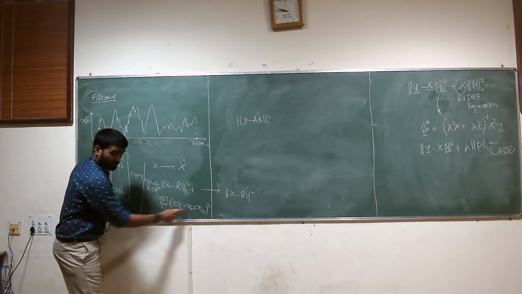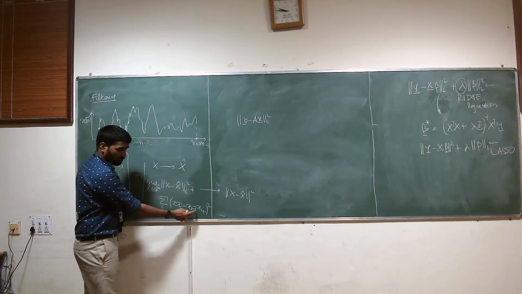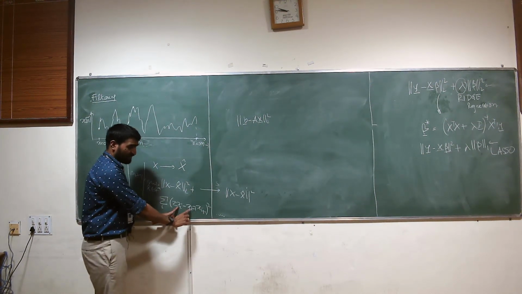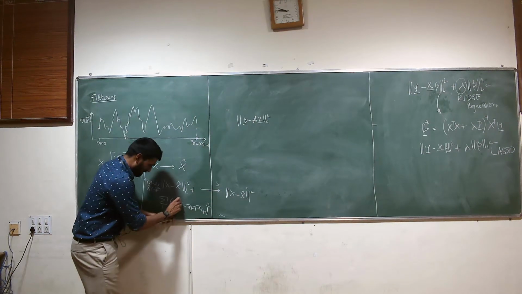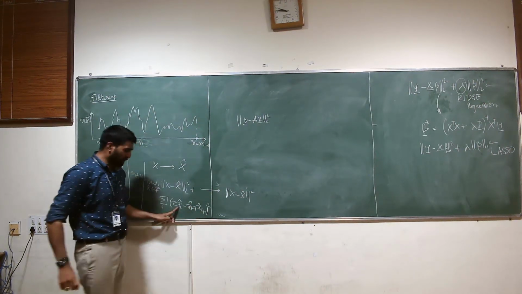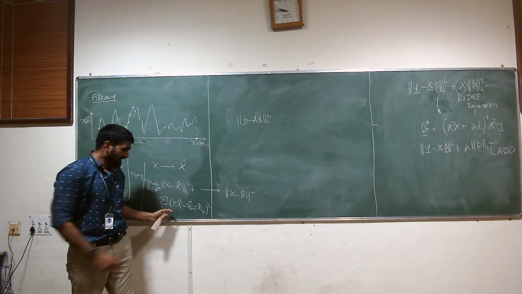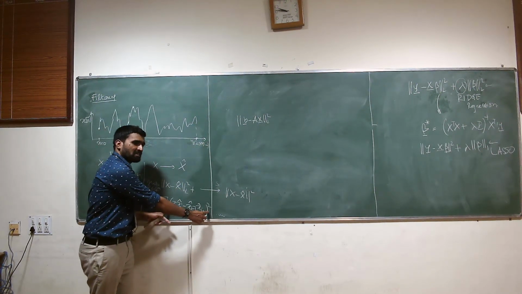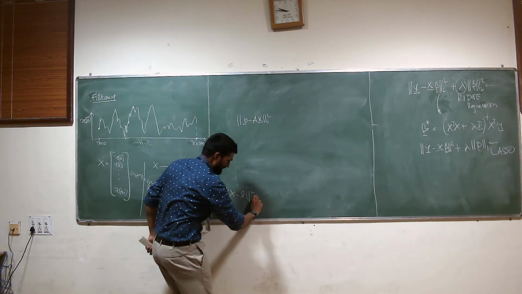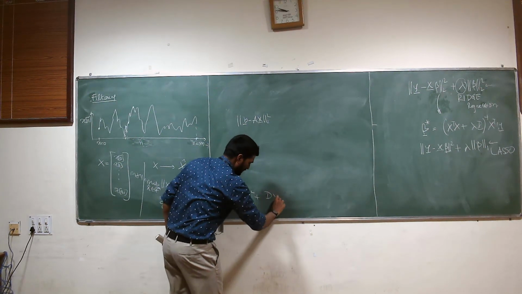and I should change one thing. It's not that this should be small. Remember, the x_i's are fixed. That's your data. What I will compute is the filtered signal, and I want to keep this term as small as possible, right? So it turns out you can express this as some D times x cap.